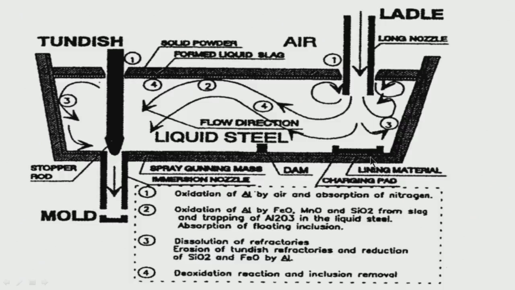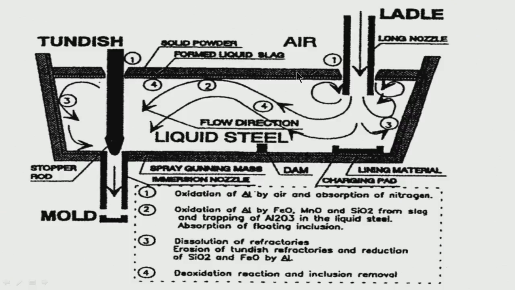So, this is again important, otherwise there will be erosion of the lining material of the Tundish. Now, just look at what is happening. One basically means there is a possibility of reoxidation because of air ingress, we have to be careful. Then again, when liquid steel is in contact with the slag, at the top of the liquid steel there is slag.